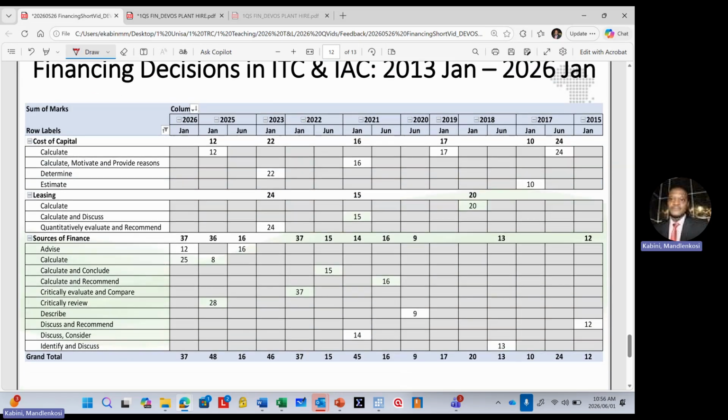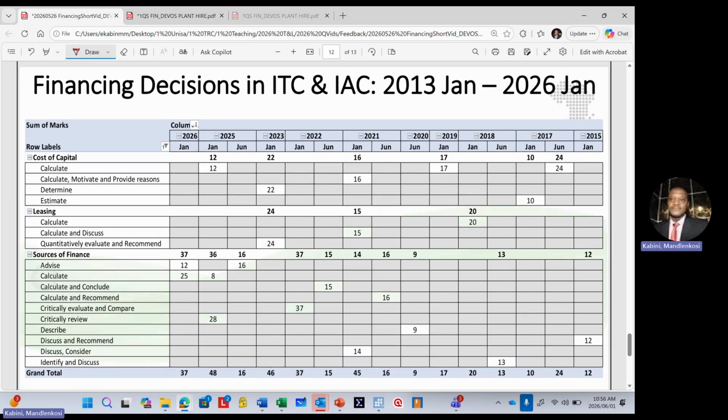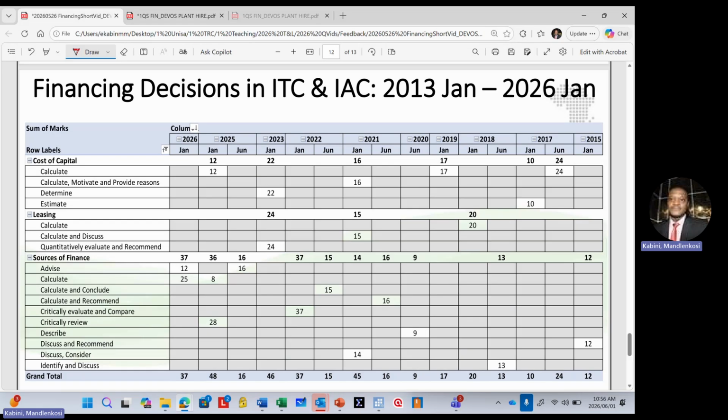And lastly, financing decisions is one of the important topics, so you've got to master this topic. It has been assessed regularly in the ITC and IAC, and in terms of the diversity of questions, it's not always calculate. In this instance, we had a recommend, and that recommendation had to be based on calculation.